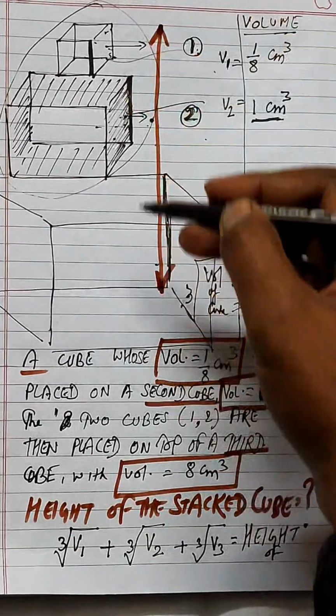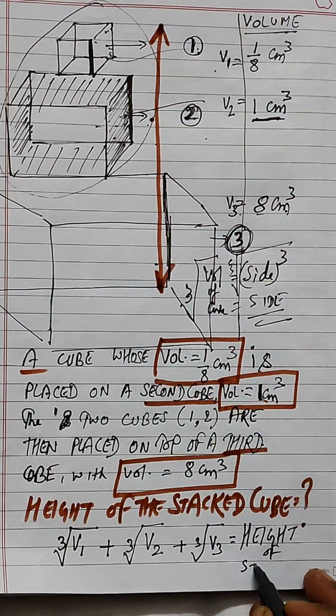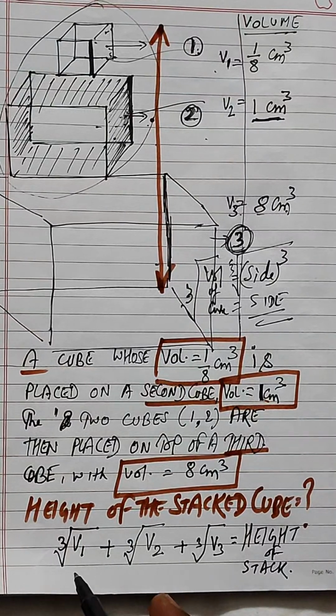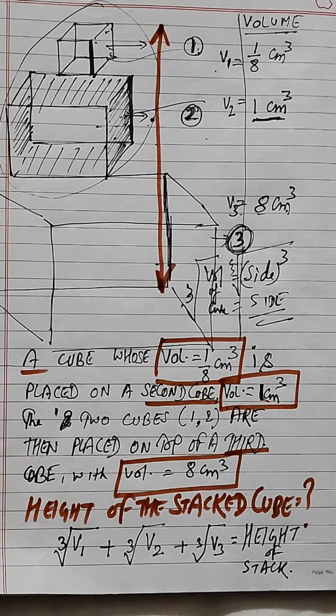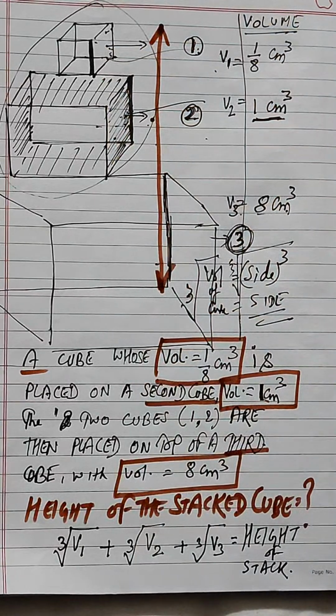The 3 cubes arrangement is shown, then you will get the height of the stack, right? How? Just take the cubic root of V1, add it with the cubic root of V2 and add it with the cubic root of V3. So in this way you will get the total height of this arrangement, this stack, right?